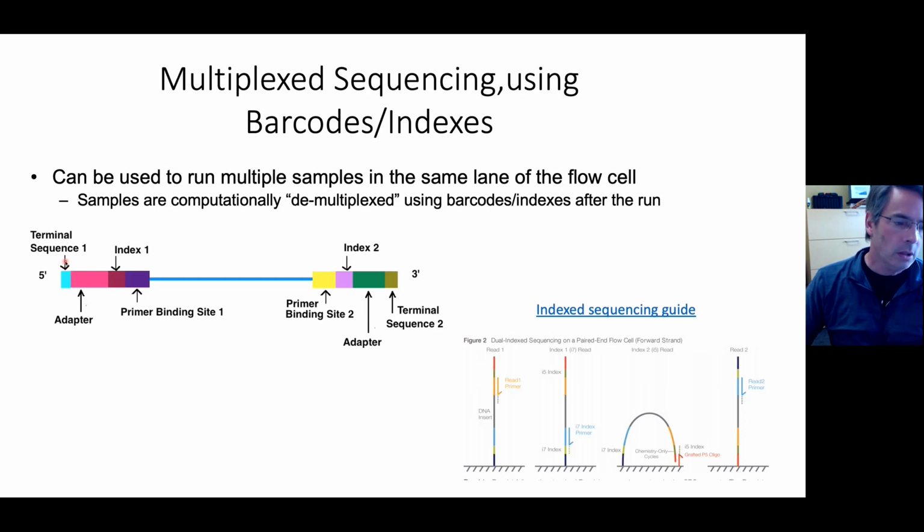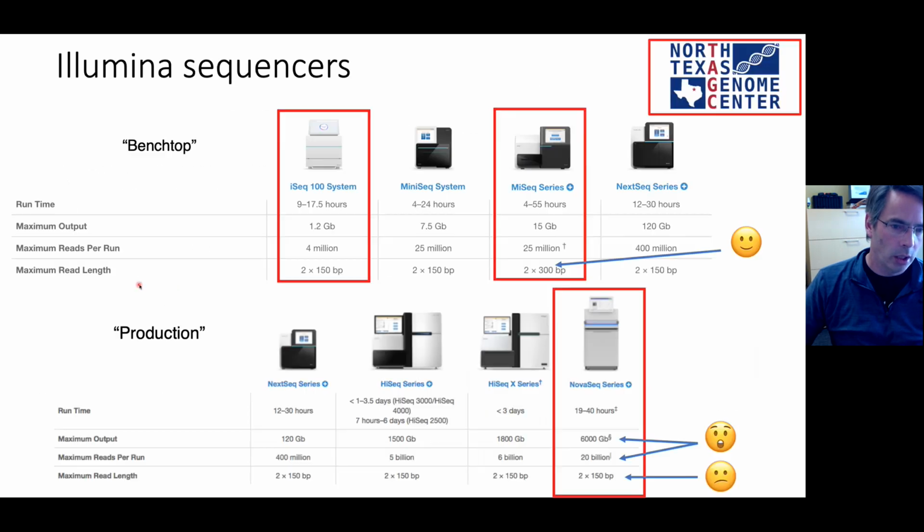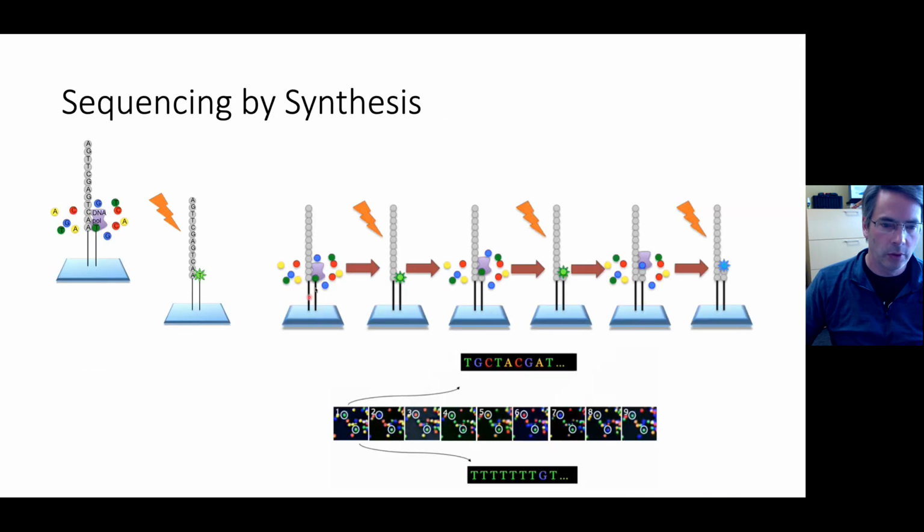So when you get your sequencing, right, this is the primer where, for example, if we go back here, this is where the DNA polymerase is going to start, okay?